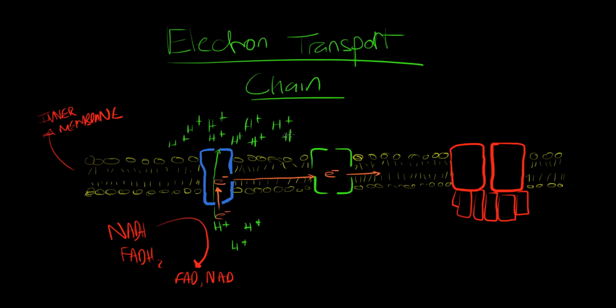So you get lots of hydrogen ions concentrated on this part of the membrane, due to the actions of the energy carrier molecules, which generate energy, which then allow the active transport of hydrogen ions into this part of the membrane. Lots of hydrogen ions are concentrated here, okay?